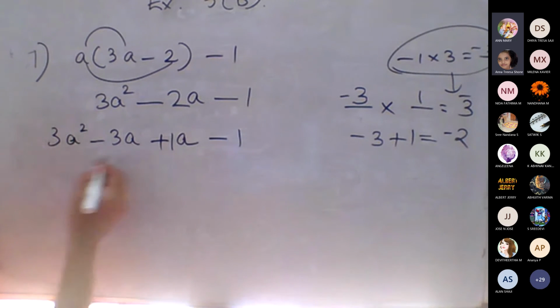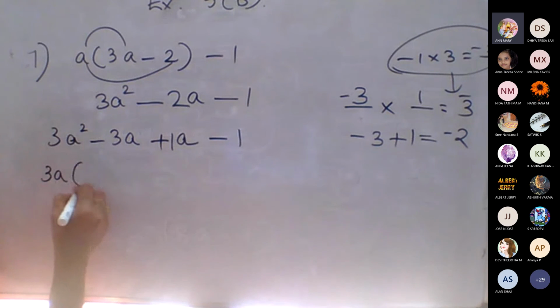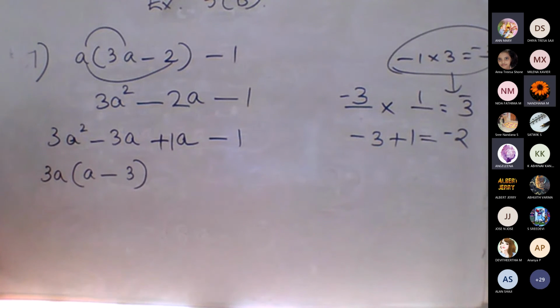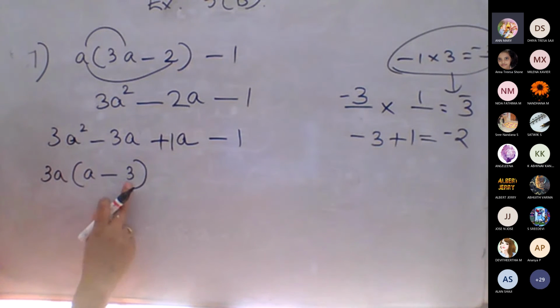Okay. 3a. Then balance a minus 3. Is it correct or wrong? What I wrote, correct or wrong? Plus 1. Minus 1.